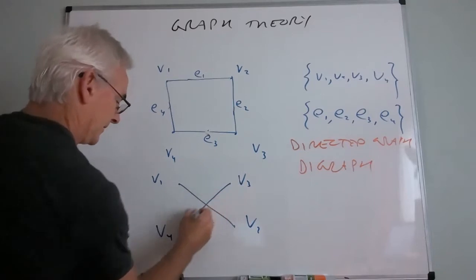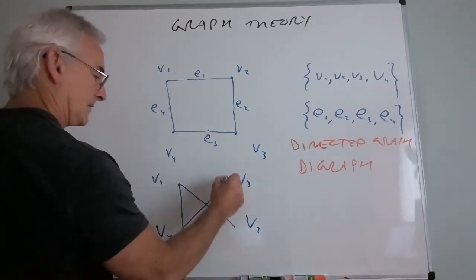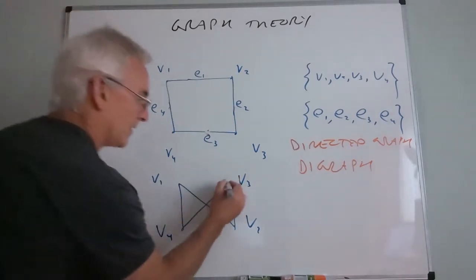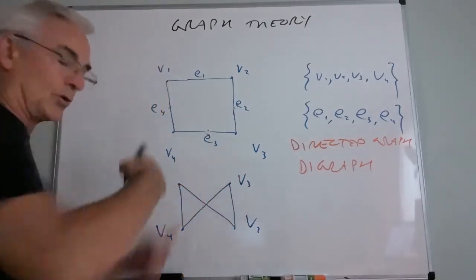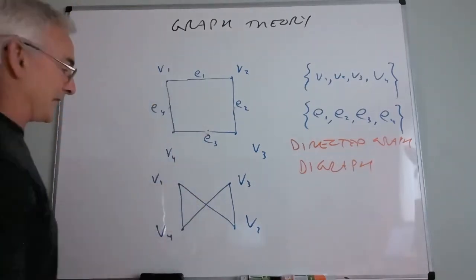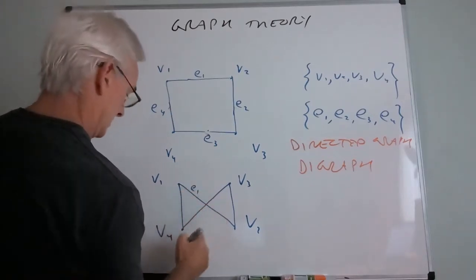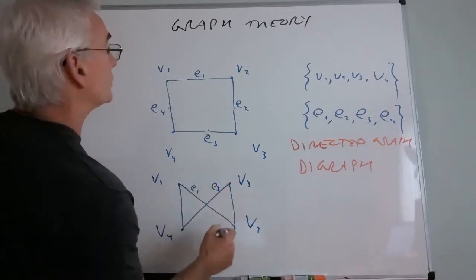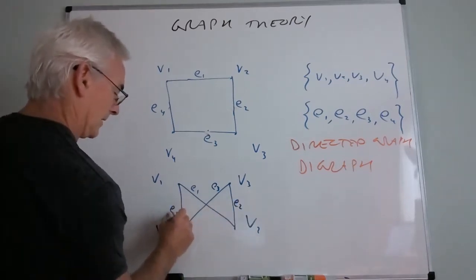V3 is still connected to V4. V1 is still connected to V4. And these guys here, now, these graphs cross, but there's no vertex here. That's a vertex, that's a vertex, that's a vertex, that's a vertex. These just cross. Turns out these are identical, and that can be very confusing. And again, there's my E1, there's my E3, 2 to 3 was, there's my E2, and there's my E4.